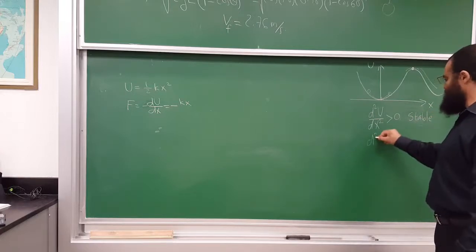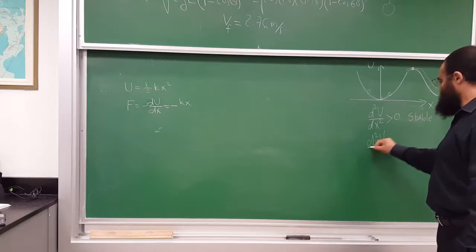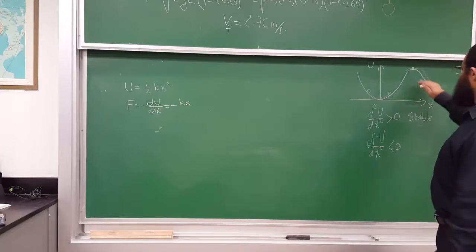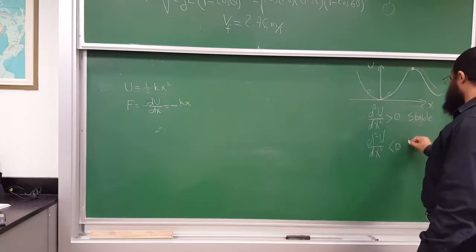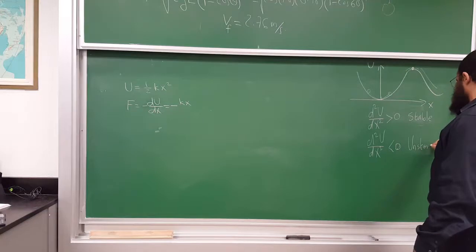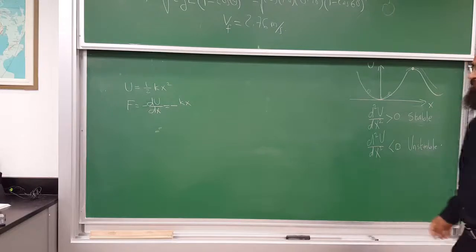If the second derivative of U with respect to x is less than 0, meaning it's here, it's a maximum, then it will be an unstable equilibrium.